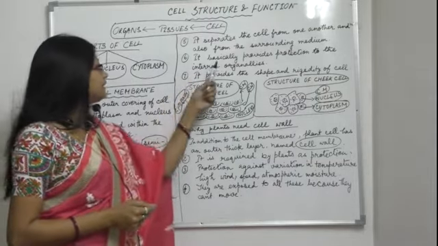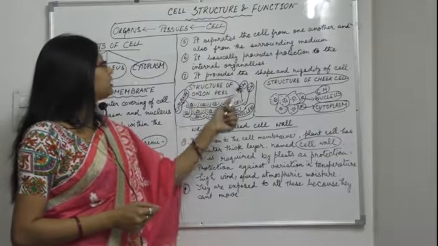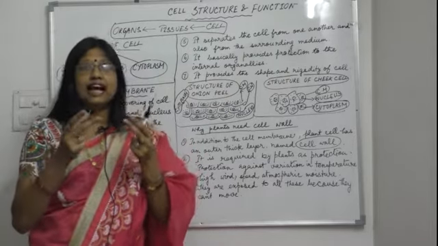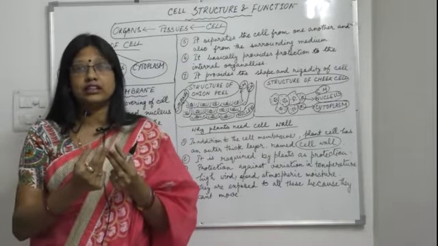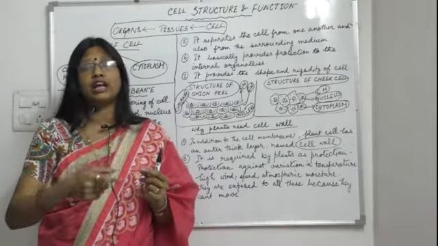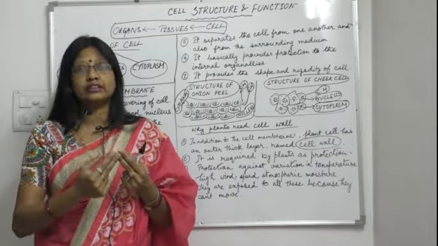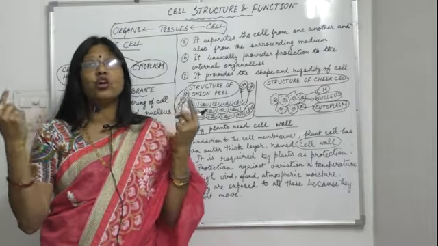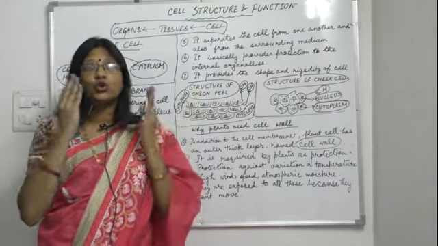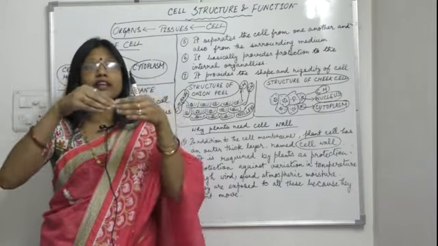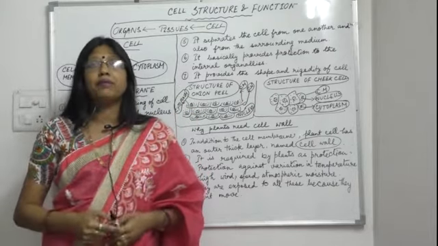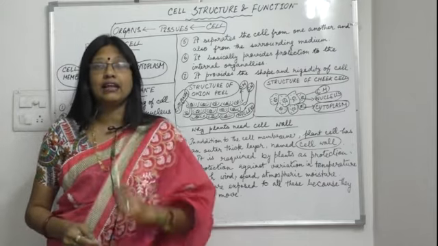Next, it provides protection to the internal organelles. Now, inside the cell there are so many organelles. There are Golgi bodies, vacuoles, mitochondria and so many organelles. If there were no membrane, they would be scattered. So to keep those things all together inside, there should be one membrane, and that is the cell membrane.